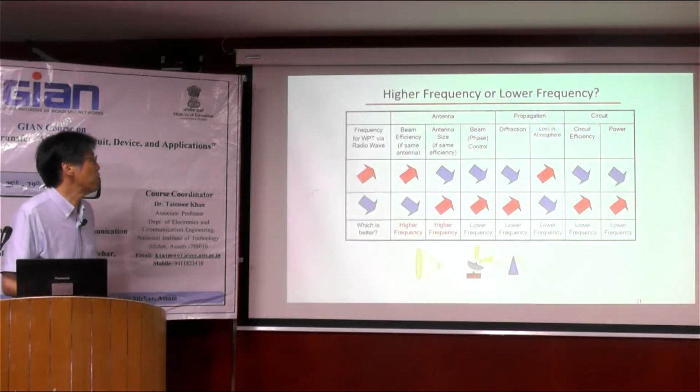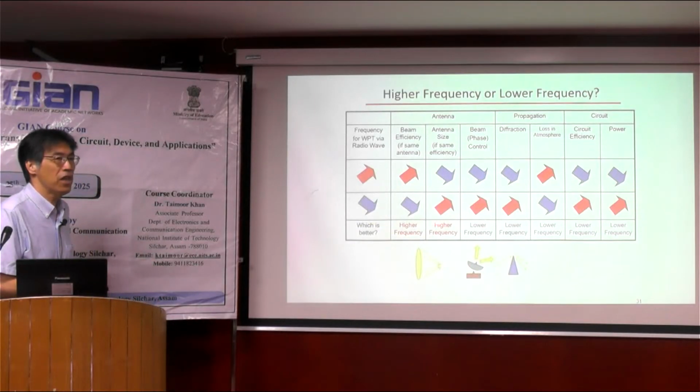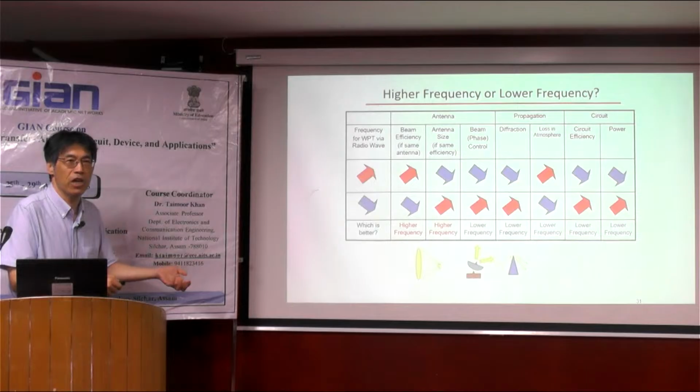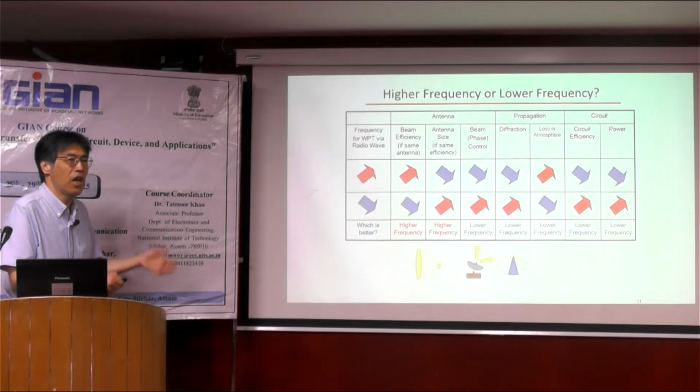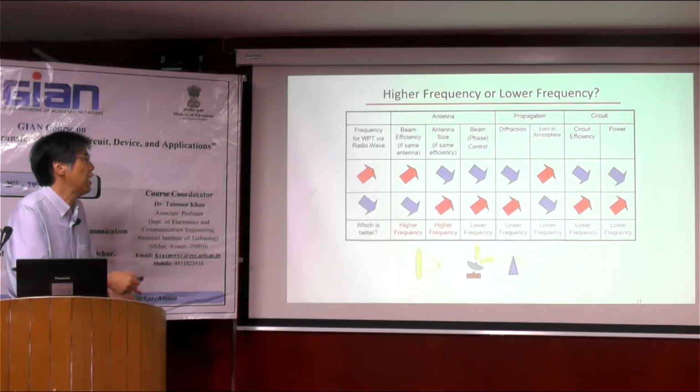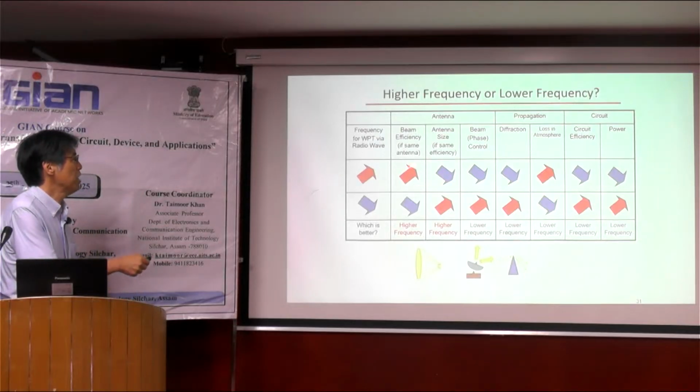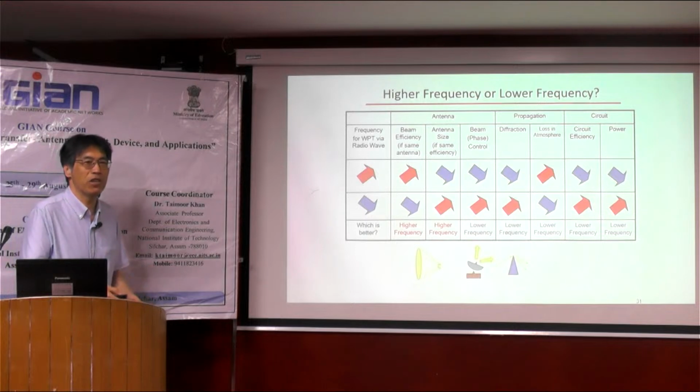But the problem is here. For the antenna, when we increase the frequency, the beam efficiency becomes higher, as I mentioned again and again. And for the same efficiency, we can reduce the size of the antenna. So in these two points, higher frequency is best to increase the beam efficiency.